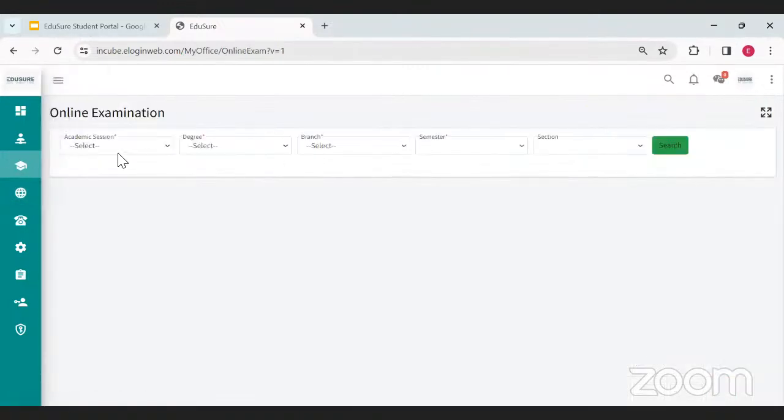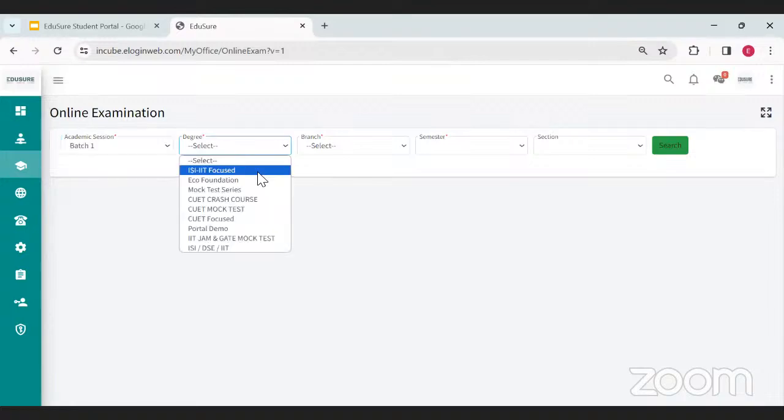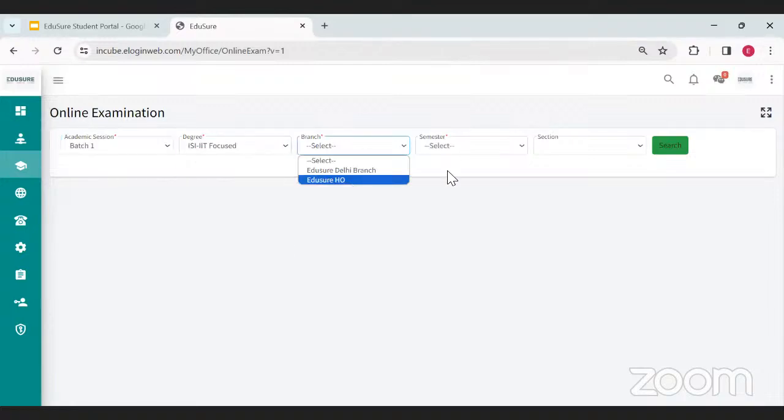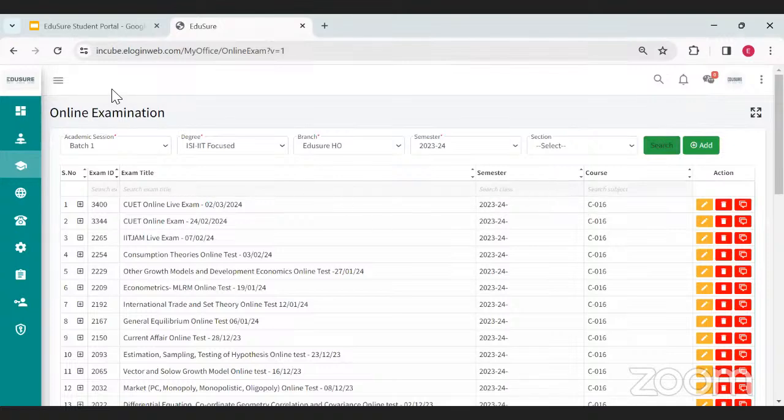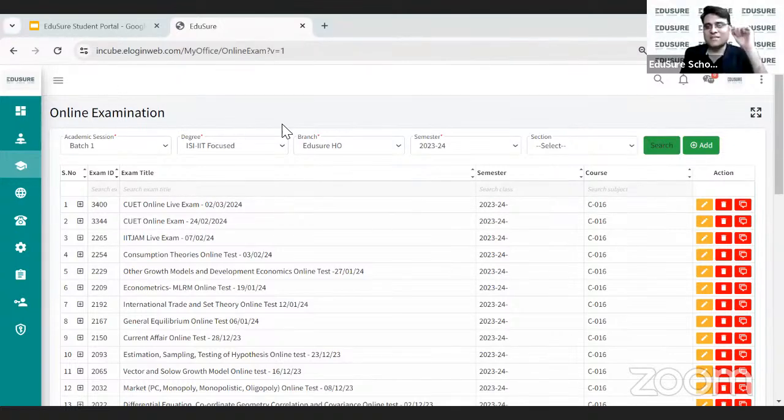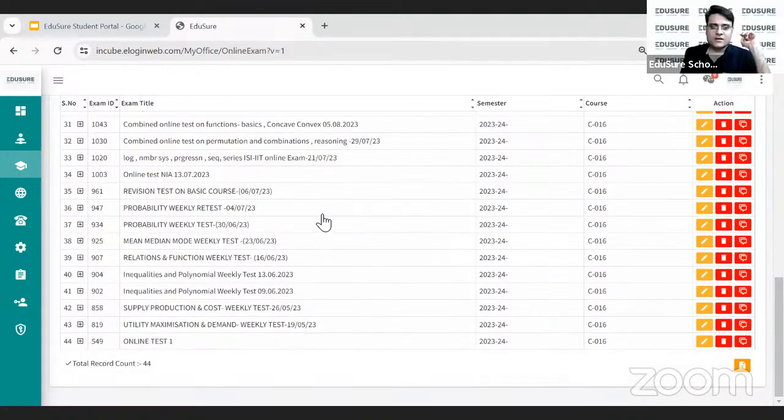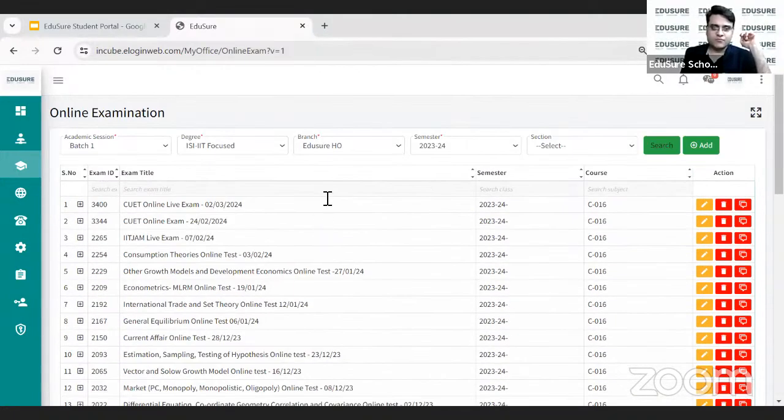So these were all online examinations. I think each of you have got access to this. Right now you have a lot of time for ISI. So for ISI, please take the benefit of all the mock tests that are available to you.